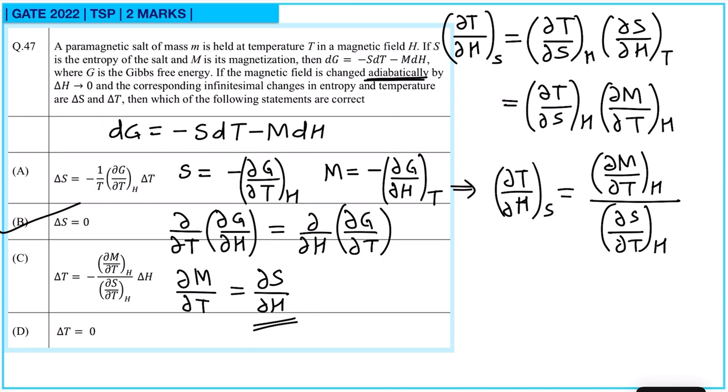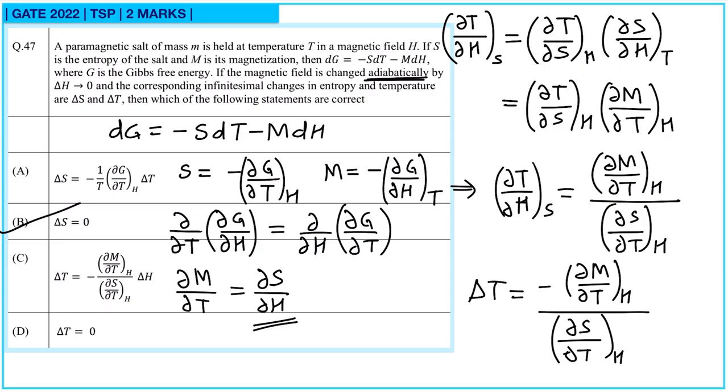So we can write delta T is equal to minus of dou M by dou T at H upon dou S by dou T at H into delta H. So option C is correct. So options B and C are correct.